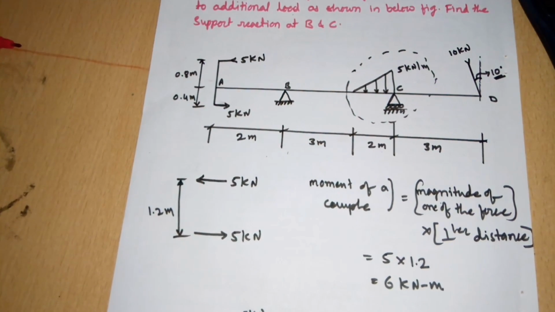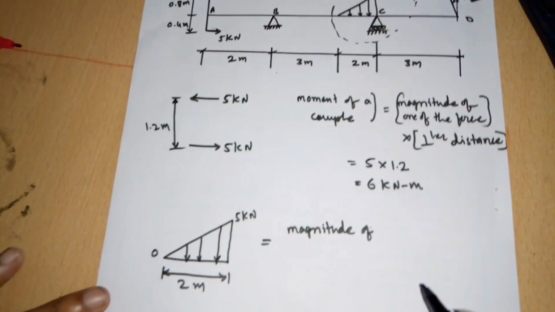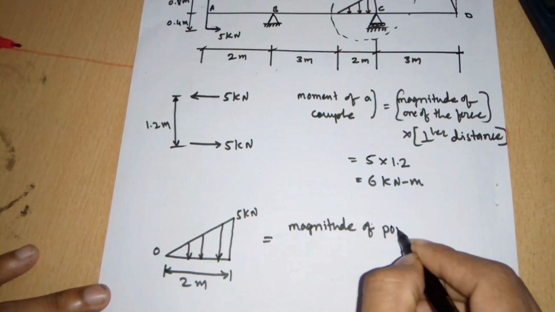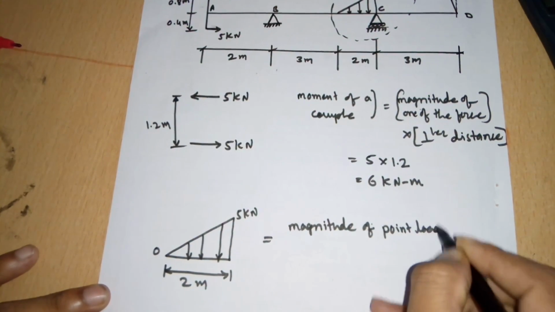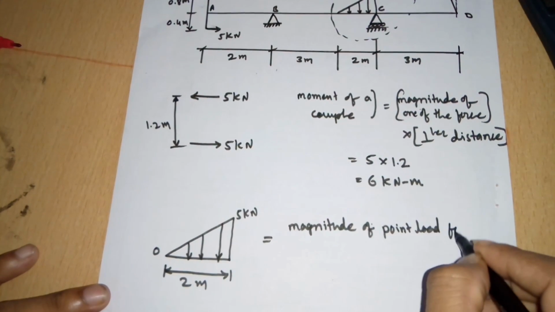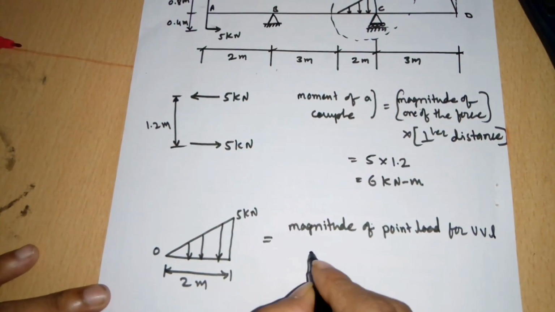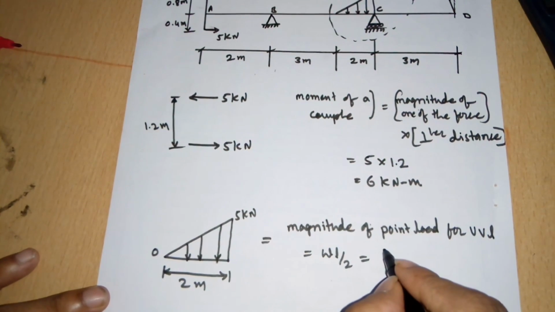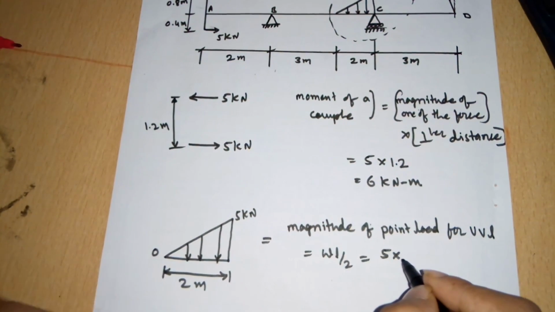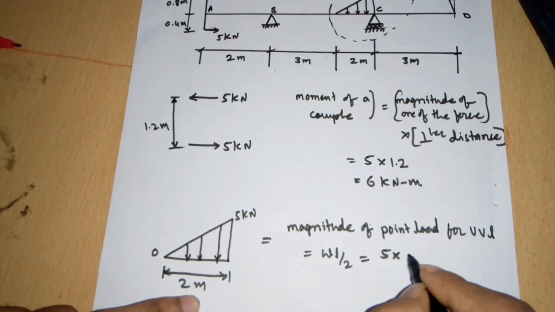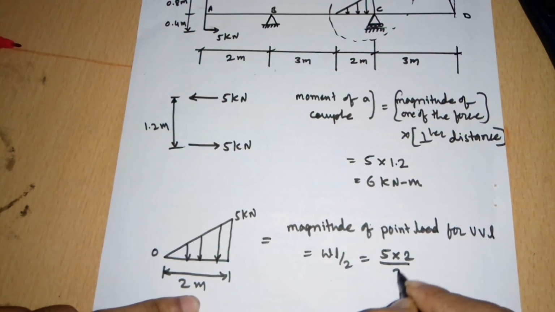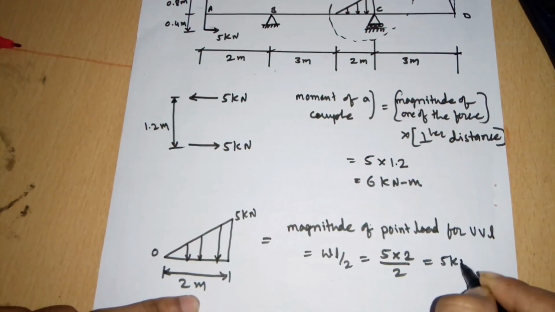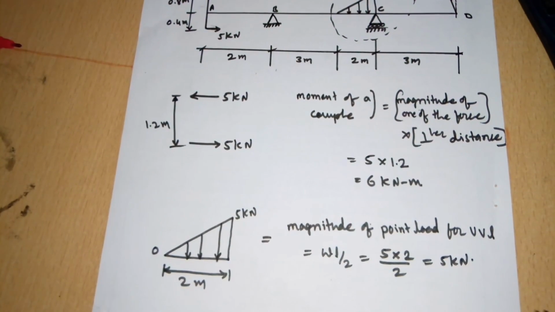Now I have to convert this into a point load. Magnitude of point load for UVL is equal to WL by 2. So it is 5 multiplied with the length 2 meter, divided by 2, so it is 5 kilonewton.